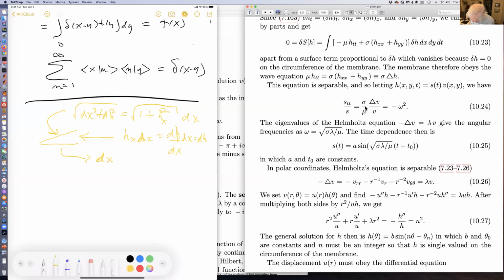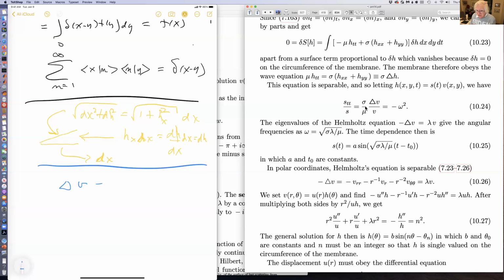What we've got there is that delta V is equal to minus omega squared mu over sigma times V. So the eigenvalues lambda are omega squared mu over sigma, or equivalently, omega squared is sigma lambda over mu, and so omega is the square root of sigma lambda over mu.